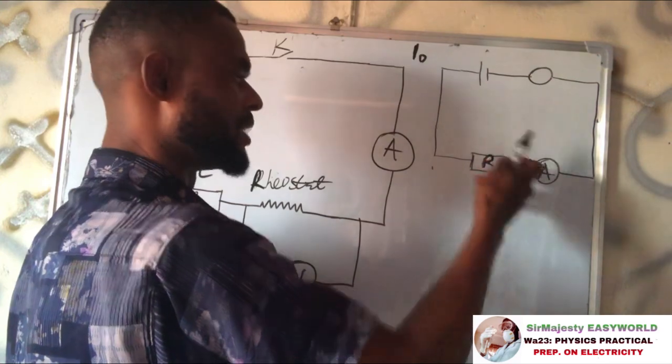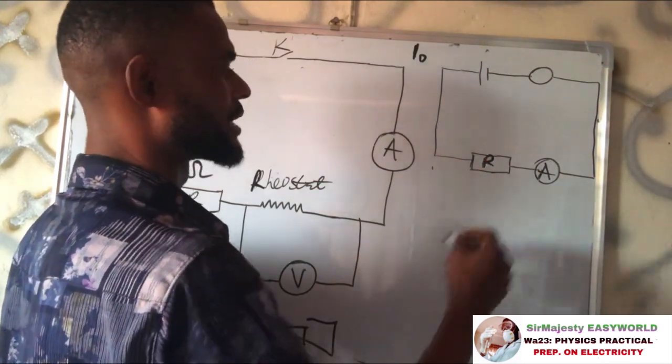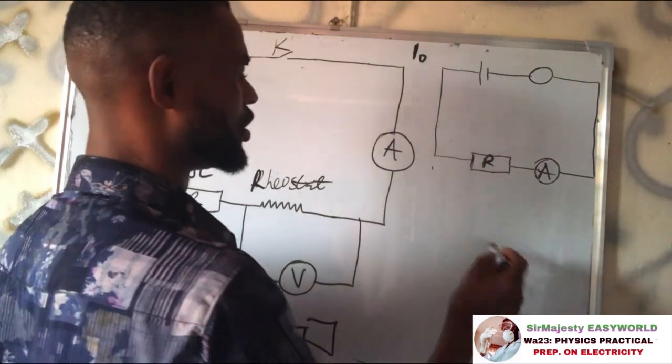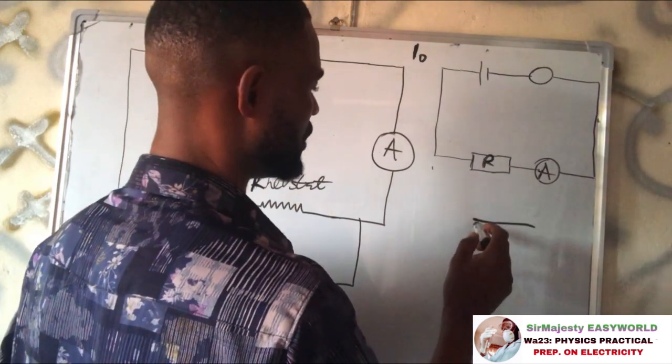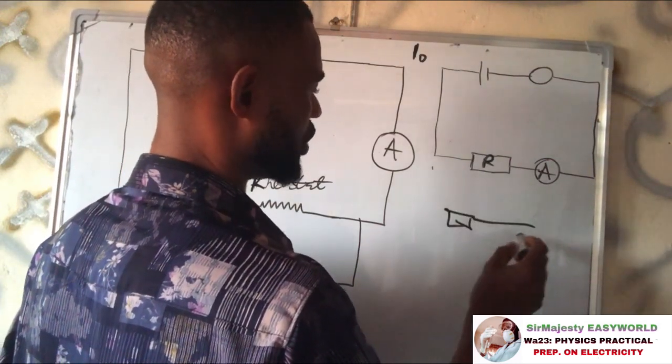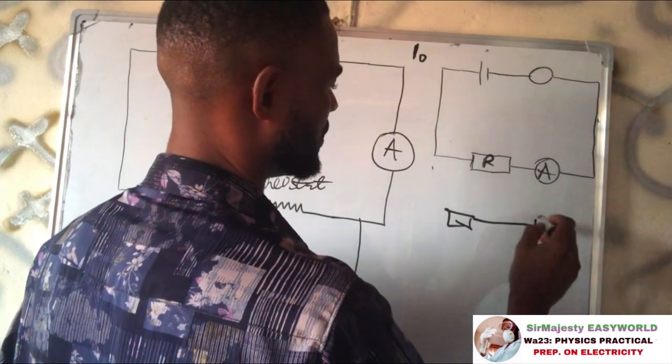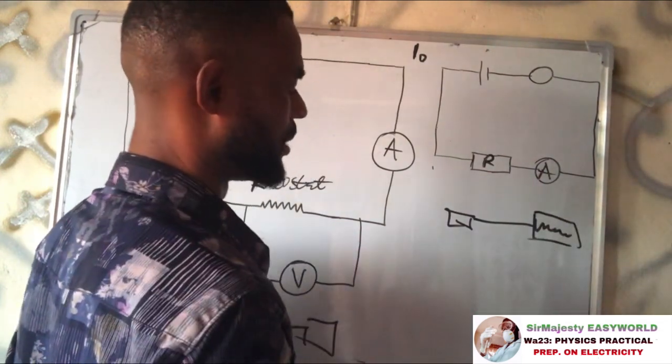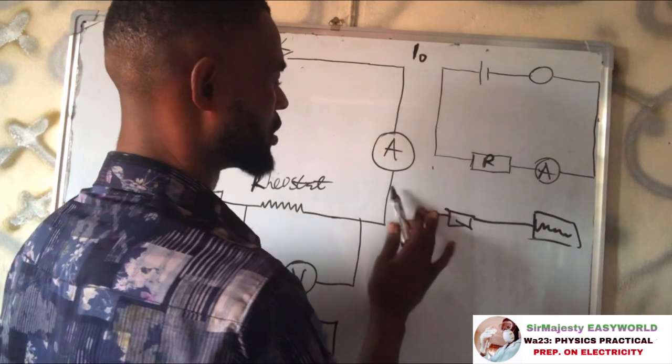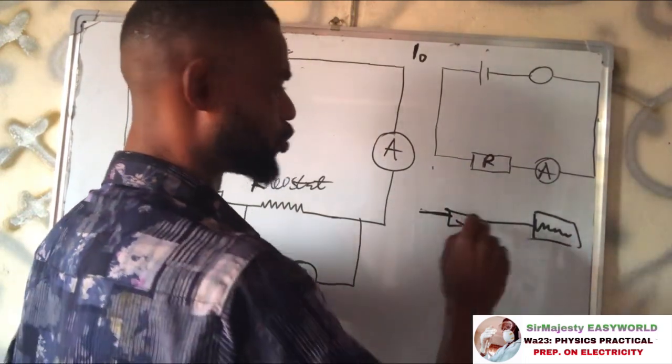But remember, rheostats can be connected in parallel. If they say in parallel, it's not going to be in the same line with this. This one is the resistor and this one is the rheostat. This connection is in series.